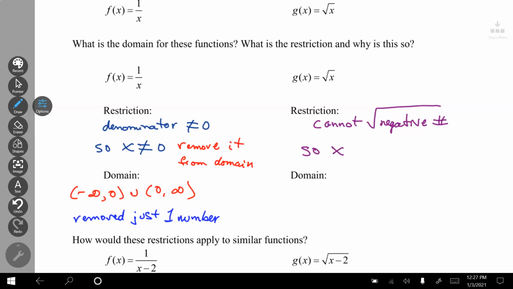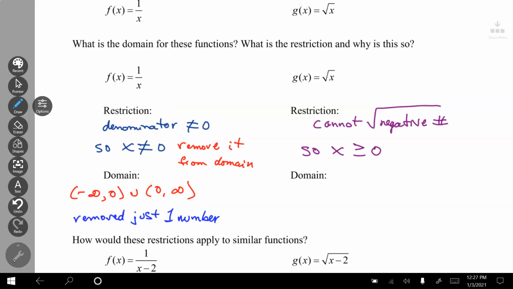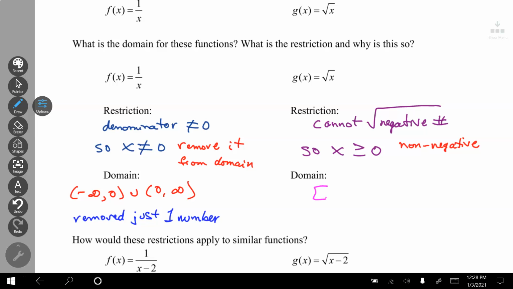So therefore, x must be greater than or equal to 0, or what we call non-negative. I can take the square root of 0. The square root of 0 is 0, so that's allowed. So my domain is 0 to infinity, including 0.